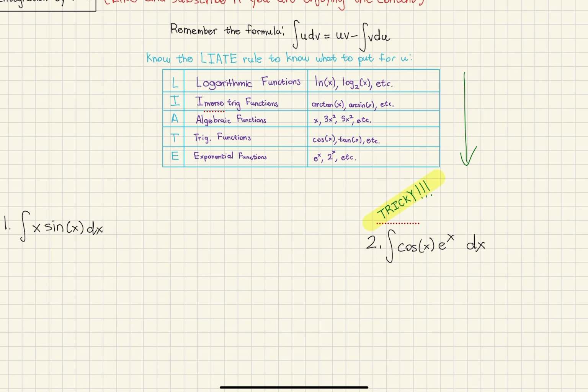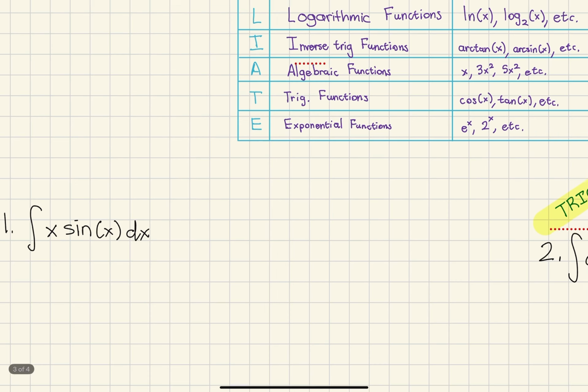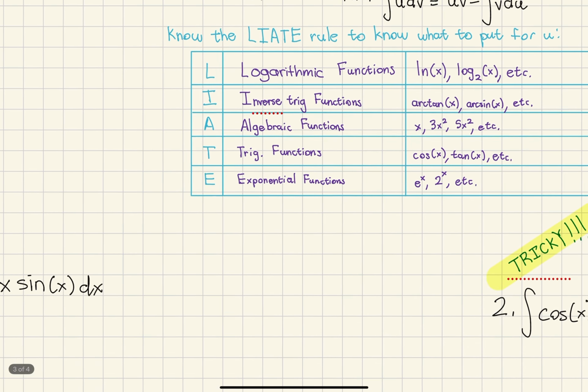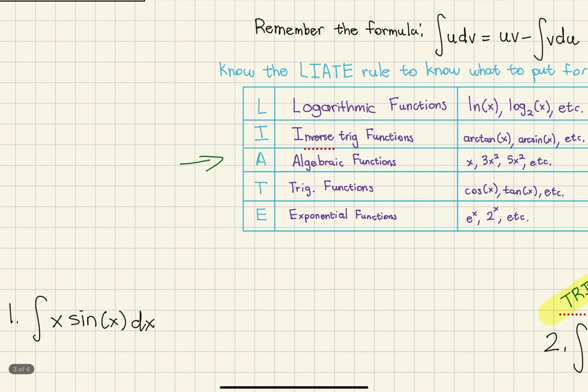So using the first example, the integral of x sine x dx. To figure out what we would label u, we would look at the LIATE rule, or the LIATE chart. We can see that x is an algebraic function, and sine x dx is a trig function.